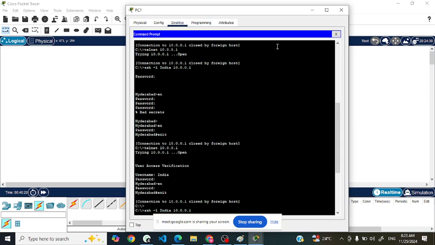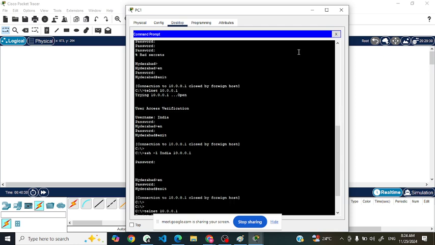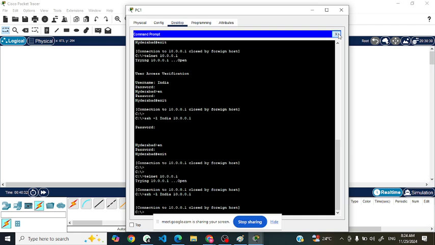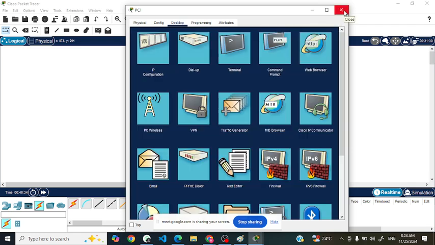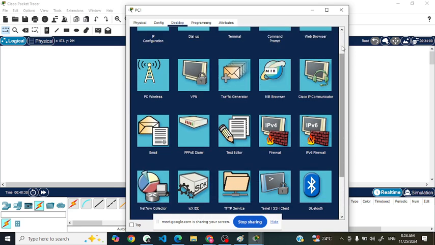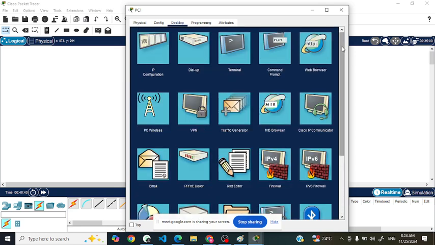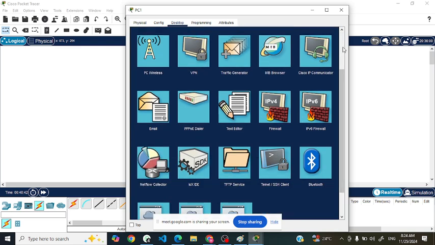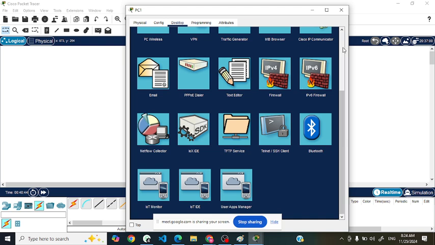So how to take a telnet and SSH access? You guys now should be able to configure it. What about the other protocols? Is it the same way to configure TFTP, FTP, DHCP? No, in DHCP you will have to give separate configuration.